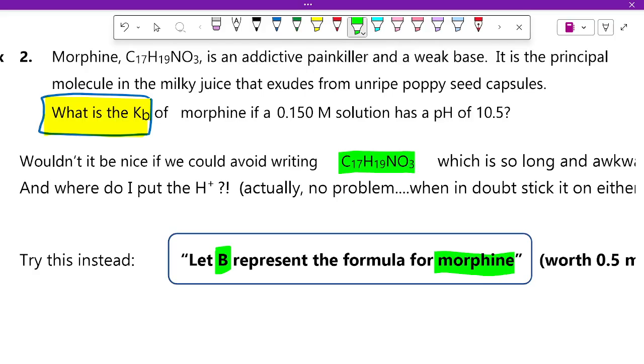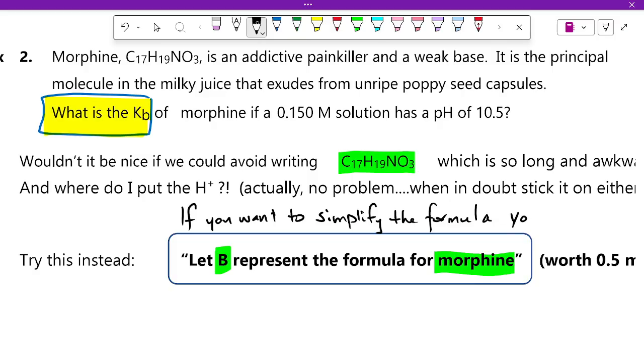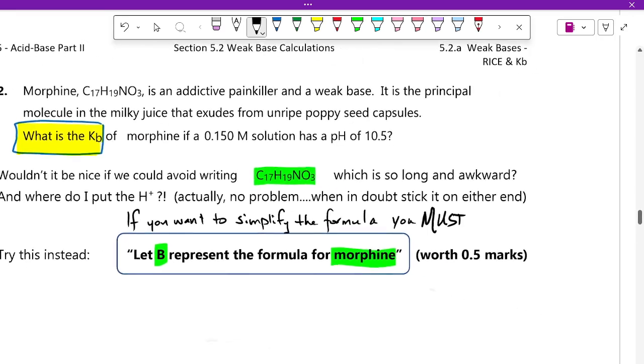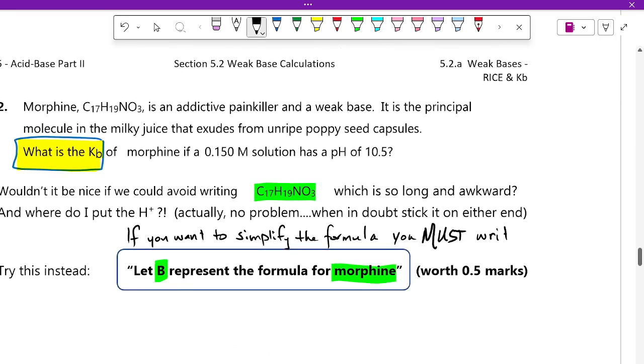But if you do this, you must write this statement, okay? If you want to simplify the formula, you must write this. If you don't want to, feel free, write out the whole thing.